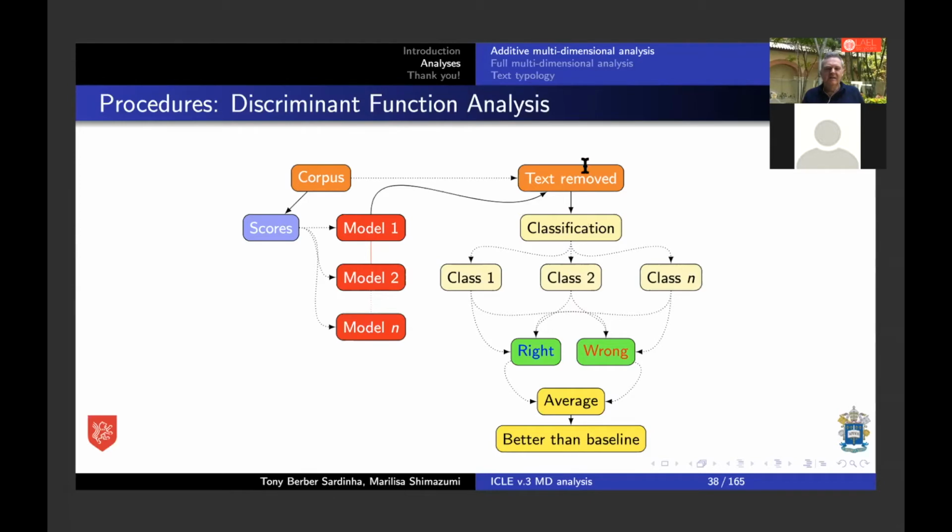So you get, for instance, an ICLE text here, and suppose it's classified as an ICLE essay. So this text was classified correctly. Suppose the ICLE text gets classified as a radio program, then the classification is not correct. So you average those out and you compare that to a baseline to see what happened.